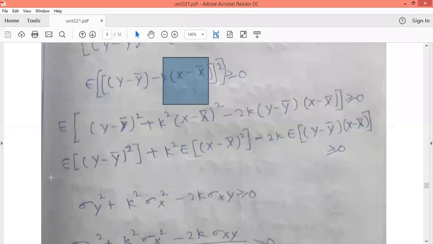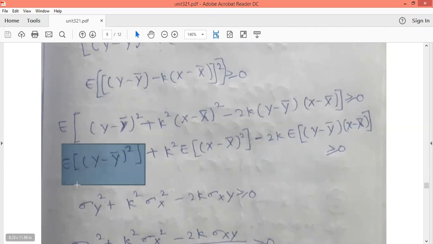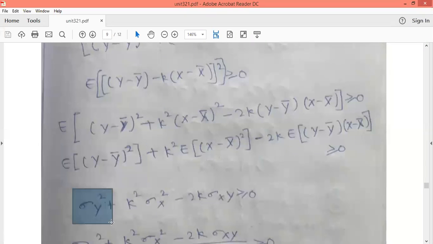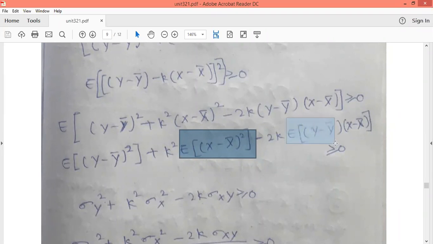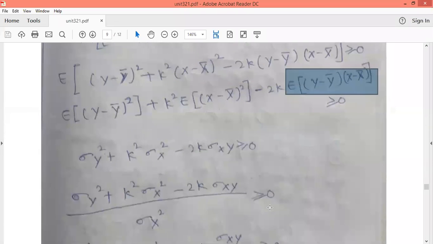And we know what these values are. The expected value of (y minus y bar) square is nothing but the variance of y, yes or no? And the expected value of (x minus x bar) square is the variance of x, okay? So plus k square variance of x minus 2k, and this is nothing but covariance. Covariance is sigma xy. So it is always greater than or equal to 0.